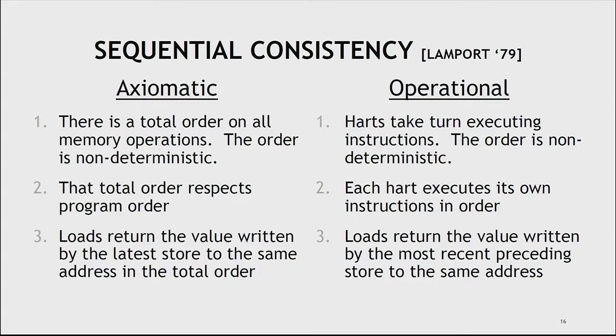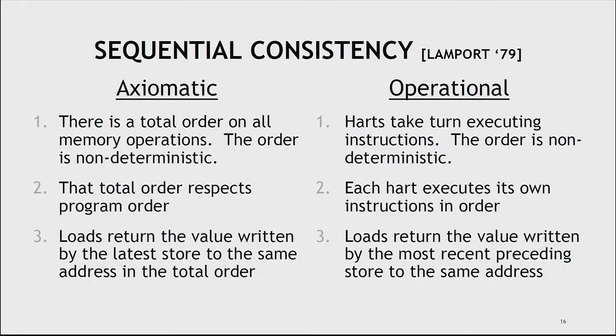Number 1 and number 2 are what you often see when sequential consistency is defined, but number 3 is an implicit rule that's actually there, so I'm going to make it very explicit because I think it helps everyone understand what's going on. Rule number 3 is that loads return the value of the most recent store, where most recent is defined according to that total order. Hopefully that's, like I said, familiar to many of you, but you can also think of this in the operational style, and you can see side by side which parts overlap.